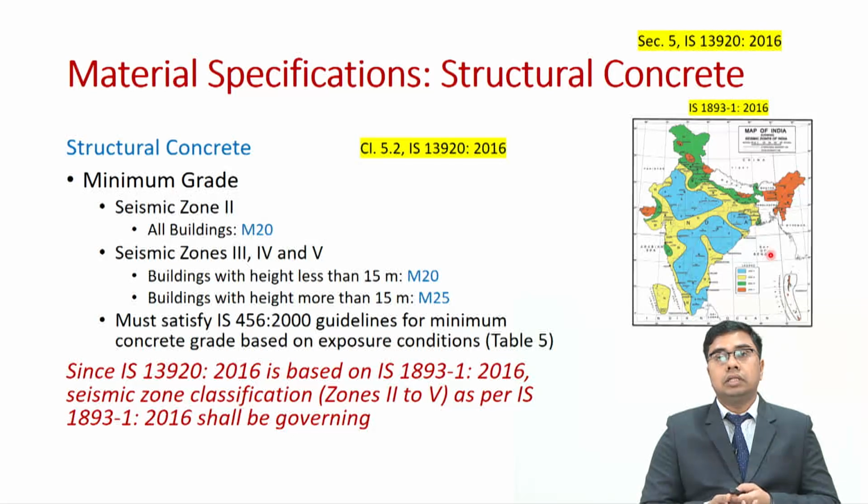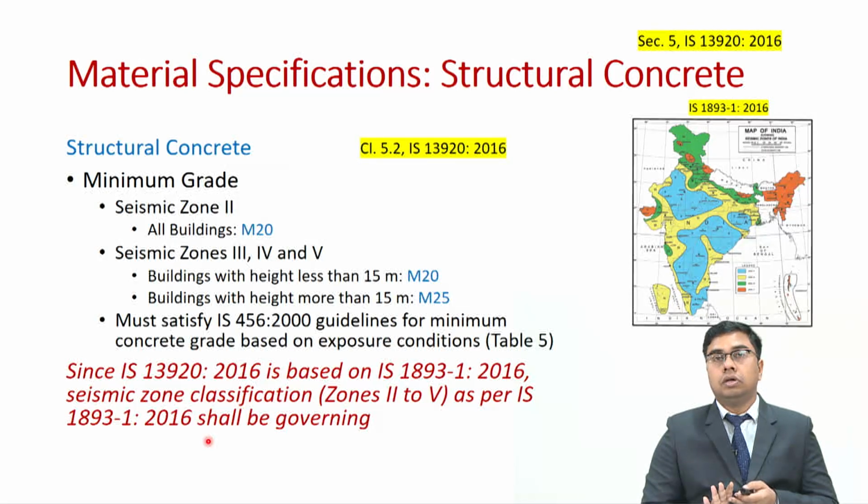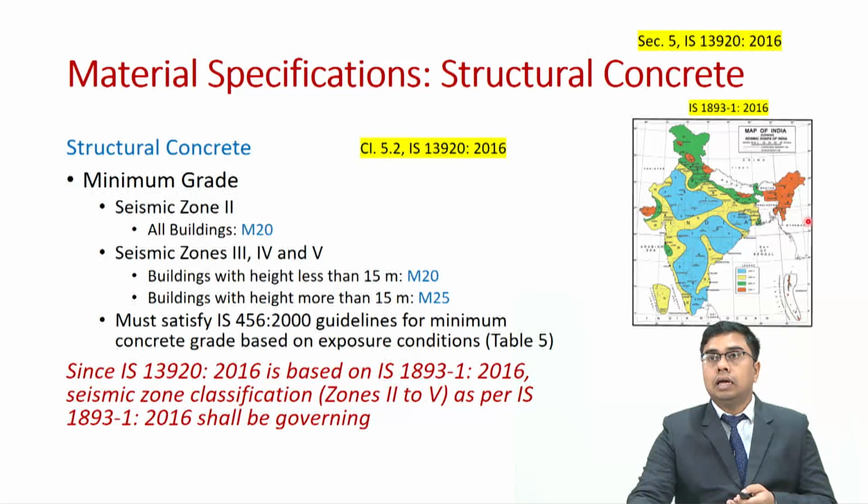So since IS 13920 2016 is based on IS 1893 part 1 2016, the seismic zone classification in all these material specifications will be as per the zones listed in IS 1893 part 1 2016, which means that at that time we had only 4 zones: zone 2, 3, 4 and 5. That's why I have placed a map of India which shows different seismic zones from zone 2 to zone 5.